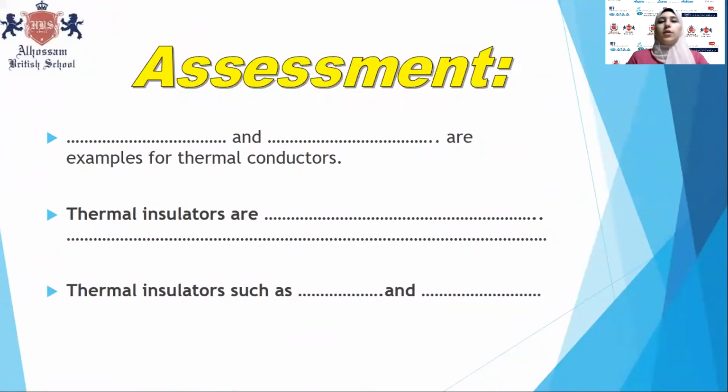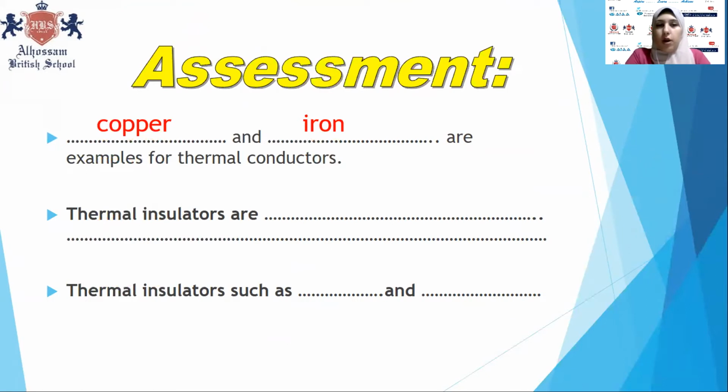Now, what are examples for thermal conductors? Take your time. Try to think. What are examples for thermal conductors? Excellent. Copper, iron, and silver. You got it. Okay. Now, what are the thermal insulators? It's a definition, guys.